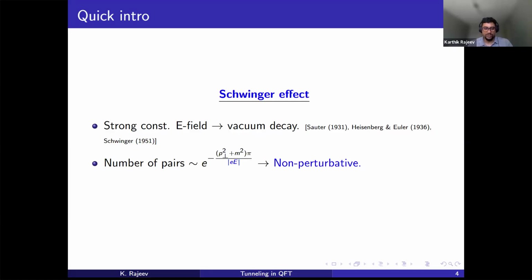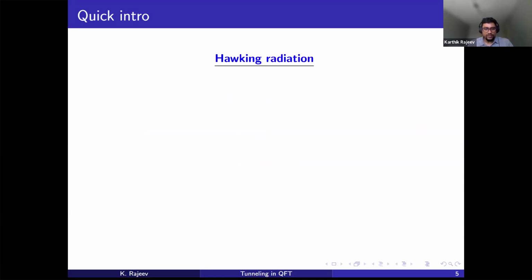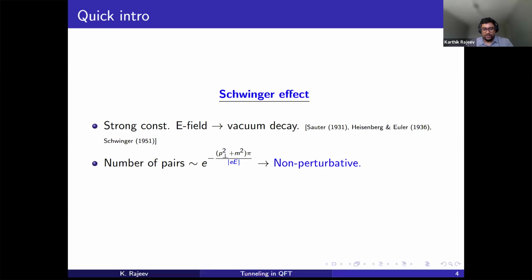These are all well-known results. So the key takeaway from this slide is that there is this exponential tunneling-like factor that is of importance in this context. Here, there is an exponential factor which is precisely the number of pairs.